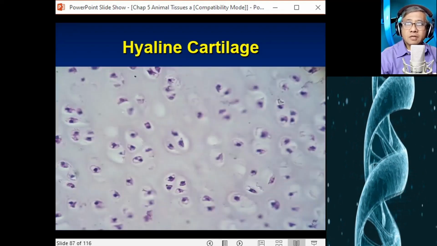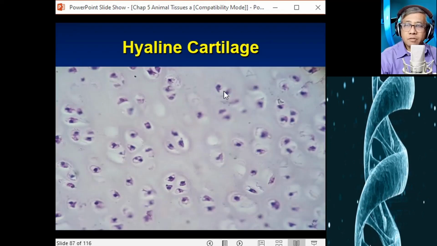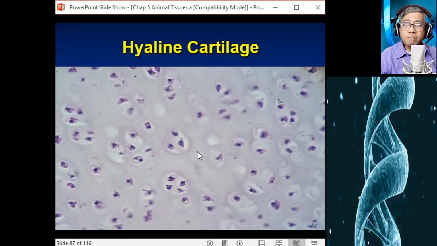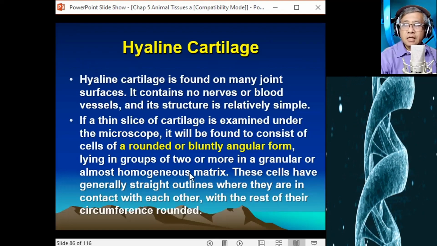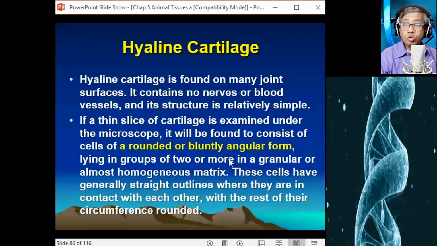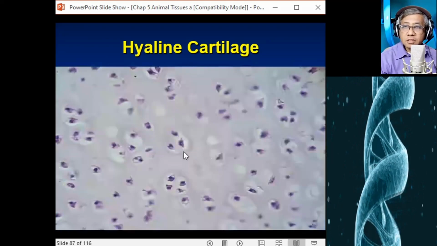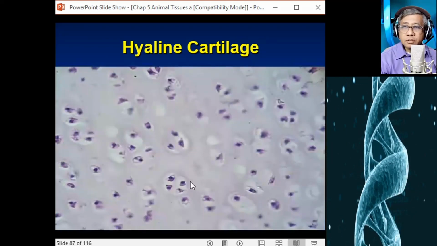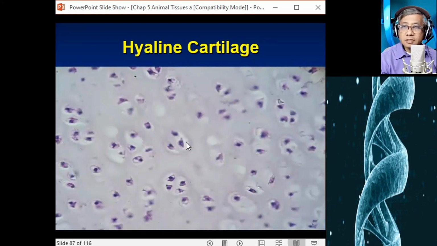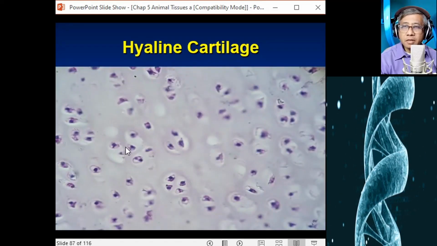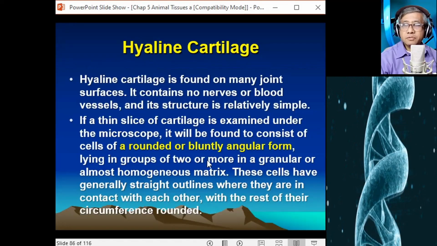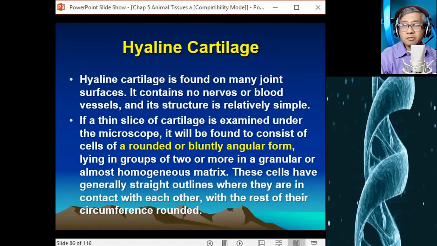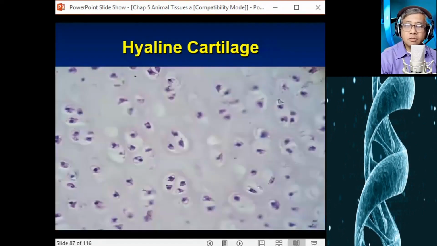So as you could see in this photo micrograph, blunt angular form yung bilog-bilog sila, no? Blunt or rounded yung mga cells, lying in groups of 2 or more. Ayan, as you could see here, and you have here groups of chondrocytes. Ayan, ito 3, ito 4. So by groups sila, they are arranged in groups of 2 or more in a granular or almost homogeneous matrix.